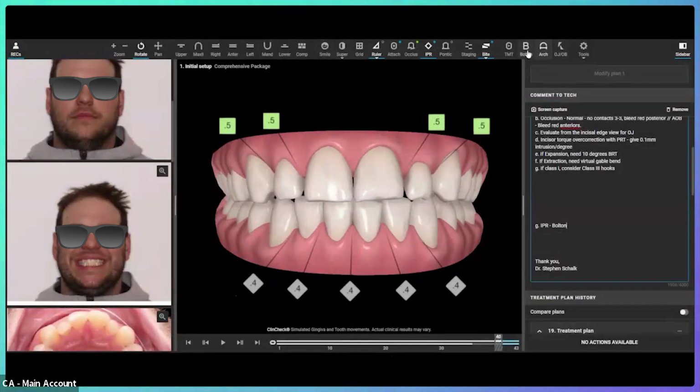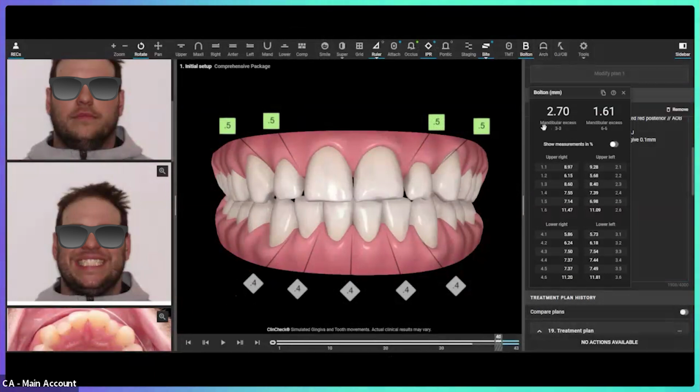But even if we do the 2 millimeters of Bolton correction, right? So if we have 2 millimeters of extra tooth structure on the lower relative to the upper, that doesn't mean that the issue, it says right there that it's telling us there's a 2.7 millimeter Bolton on the lower arch. That does not mean that the lower arch is too big.